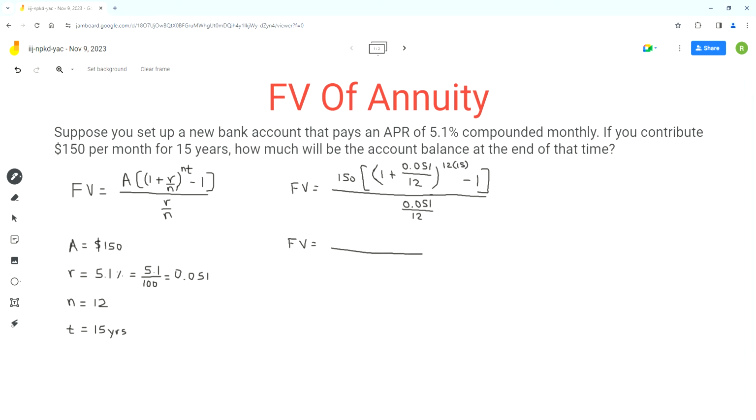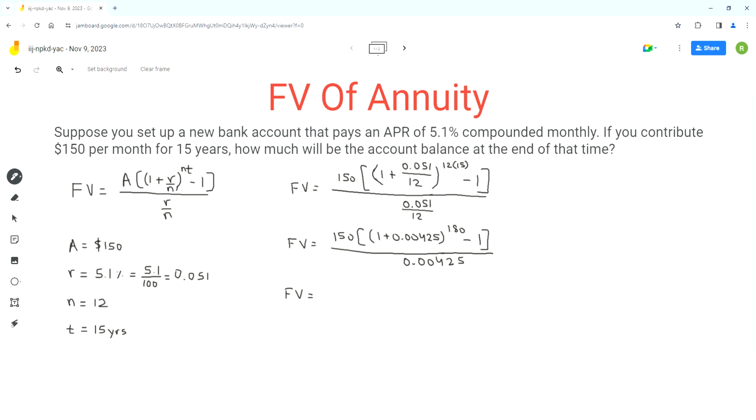Now we have to simplify this expression. In order to simplify this expression, we start by simplifying the terms in the parentheses. 150 stays the same, and then I get 1 plus 0.00425. Now we can also simplify the exponent. We can do 12 times 15, which is equal to 180, minus 1, and then close the brackets, and in the denominator we can change the fraction to 0.00425.